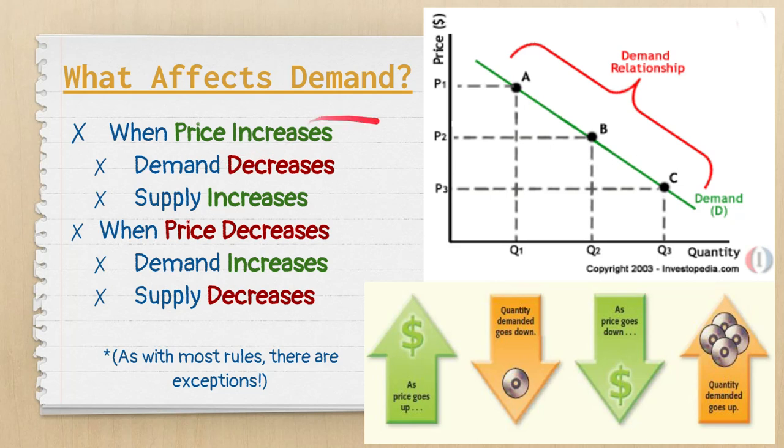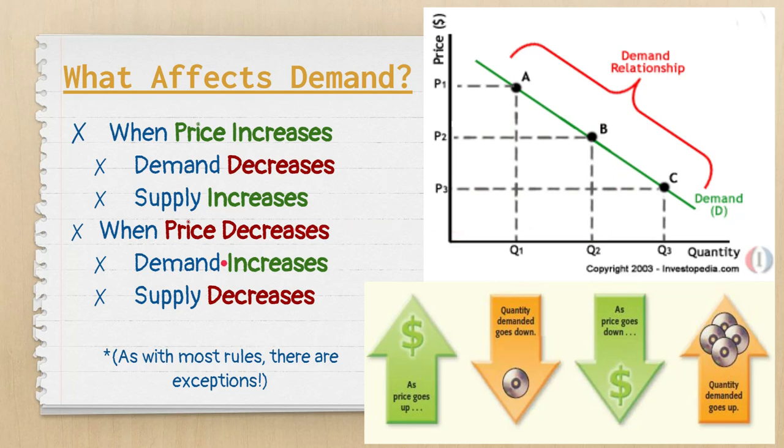So as price increases, so here we have a graph, as price increases, your demand will actually decrease. And I know it looks a little awkward because this line looks to be going up towards price, but remember, we're also using quantity to find out the demand. So as price increases, your demand will be less.